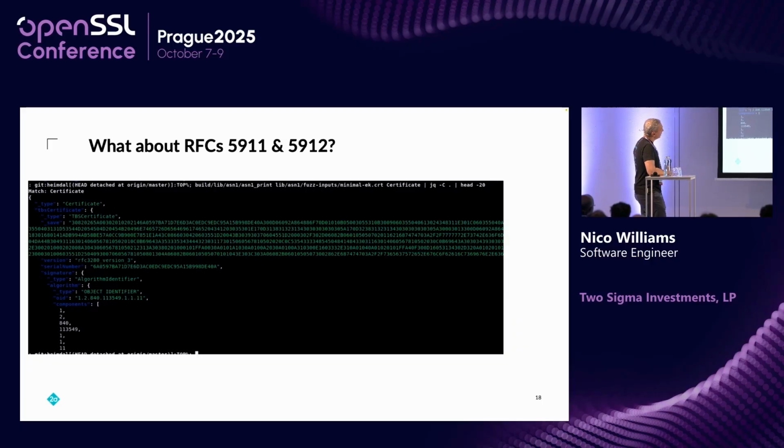So here's a little bit of an example. Here's a certificate. I'm decoding it. I'm printing it with asn1_print, which is Heimdal's little tool. Basically, it has all the types of all the modules in the source tree compiled in, and you can tell it, I want to print this as a certificate. You can try printing it as something else, but you can say certificate.